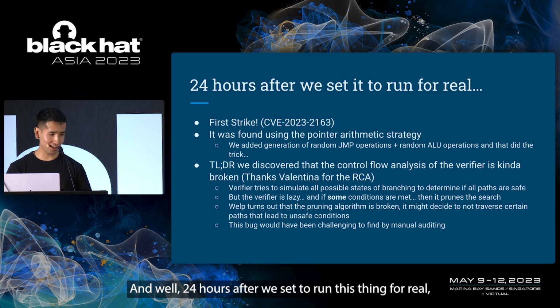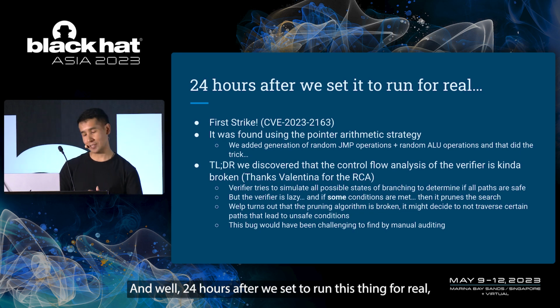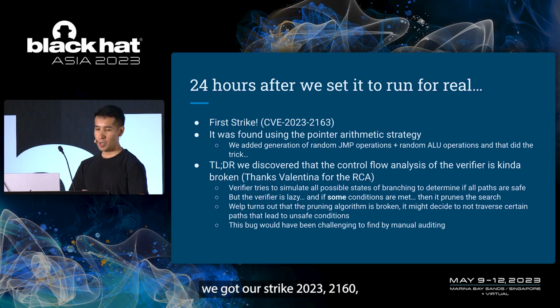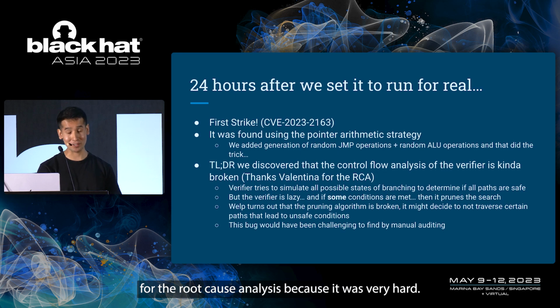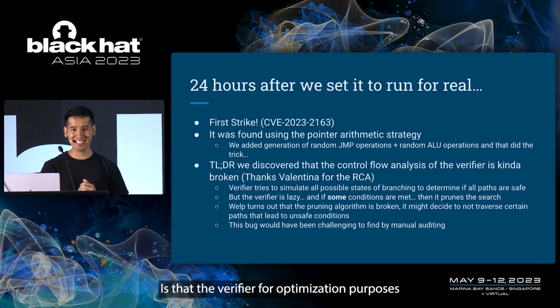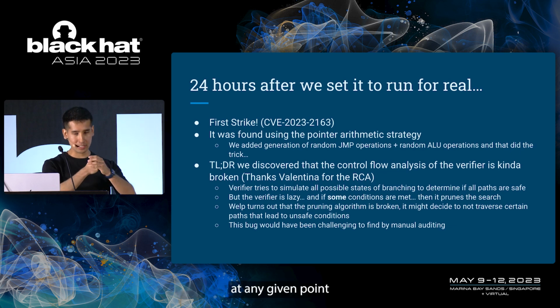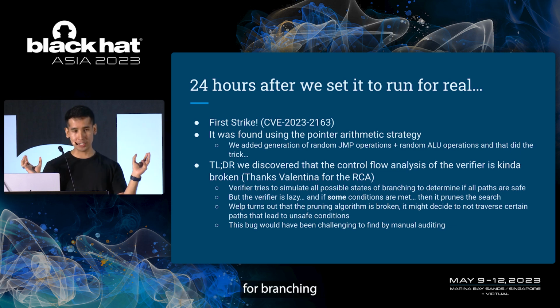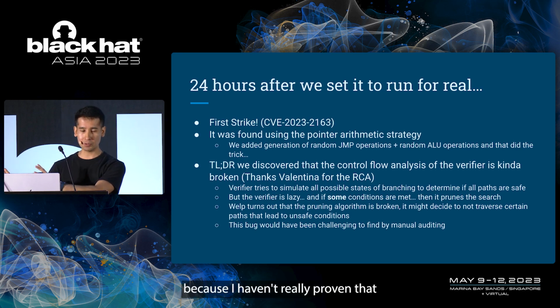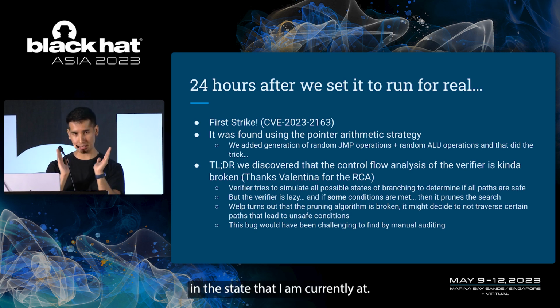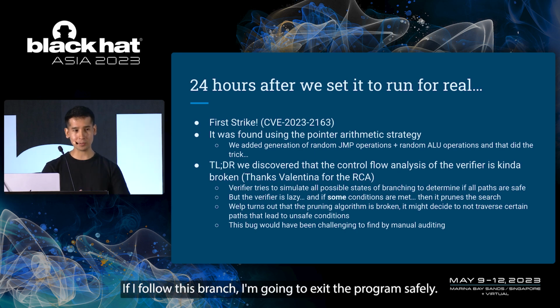And well, 24 hours after we set this thing to run for real, we got our first strike, 2023-2163. The TLDR, and thanks Valentina for the root cause analysis because it was very hard, is that the verifier, for optimization purposes, at any given point for branching, can decide, okay, I'm not going to follow this branch because I have already proven that in the state that I am currently at, if I follow this branch, I'm going to exit the program safely.